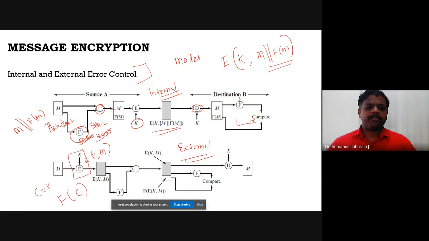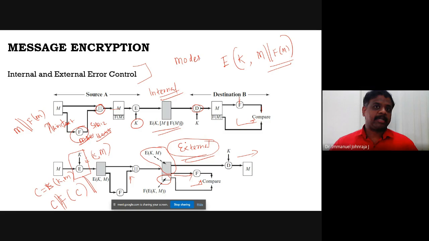C is the output of the encryption by using K on M. So that is the output of F, and this is concatenated to the ciphertext. So this is the encrypted original message, and then this is the encrypted digest. This is applied to the function to get the comparison value, and the original message is decrypted. So this is called the external error control.